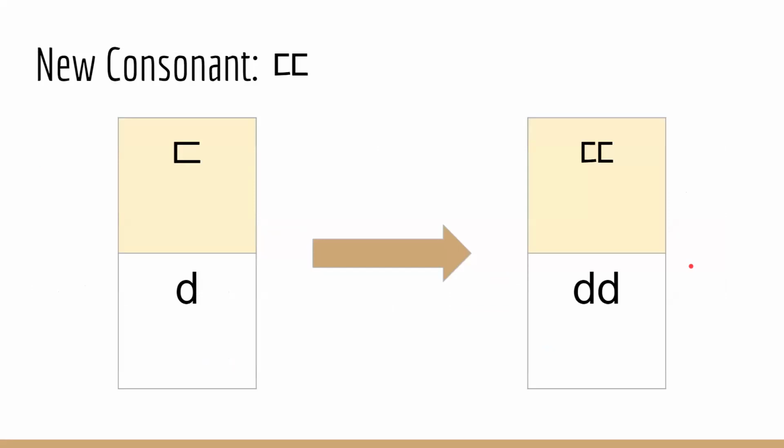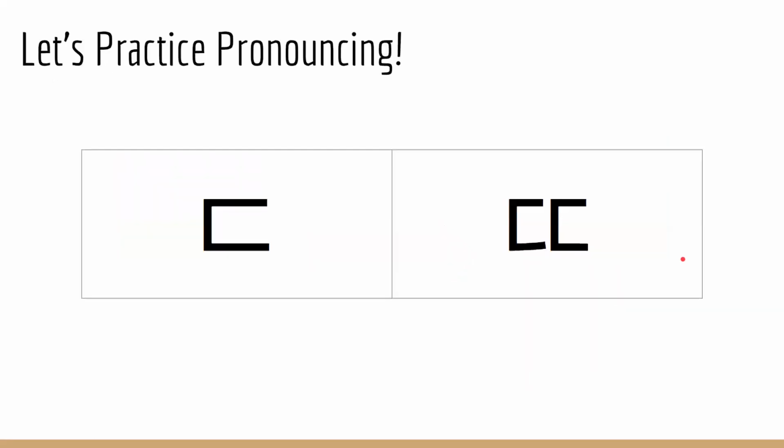Our second new consonant is 드. We create that consonant with 트, which is lower, to 드, which sounds higher. Let's practice pronouncing. 드, 드, 드.